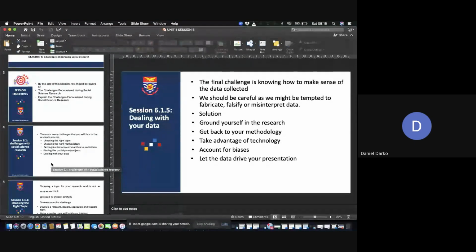We've looked at inductive, deductive, pure and applied research, inductive reasoning, deductive reasoning, why we need research, why social research is a science, the methods or the scientific steps.